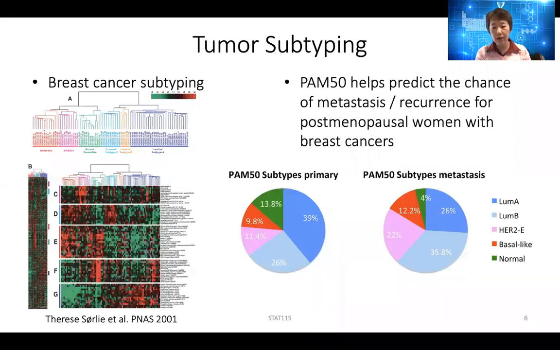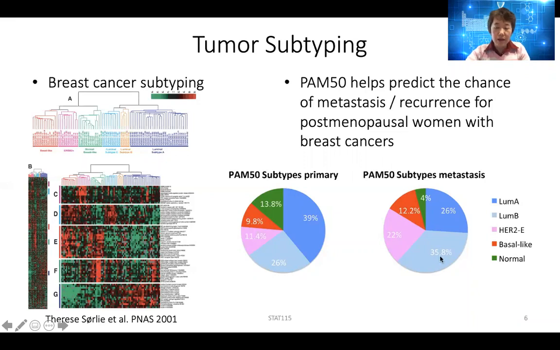Basically, when the patient goes to the clinic, they can use a simple assay just to look at the expression of these 50 genes to decide what subtype they belong to. And this will be covered by the medical insurance, because depending on what subtypes they have, the patient will be treated with different types of drugs, and they will also know that they will have different outcomes.